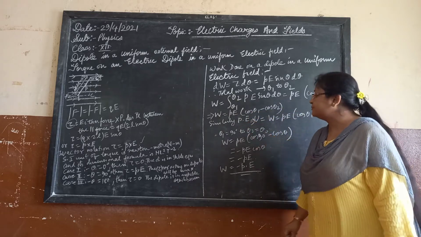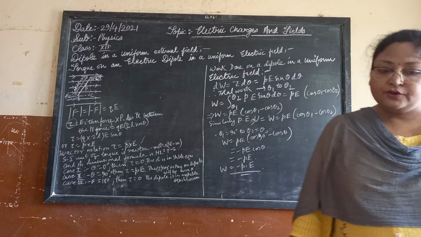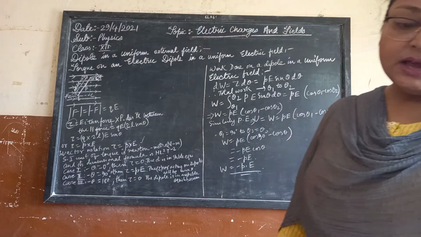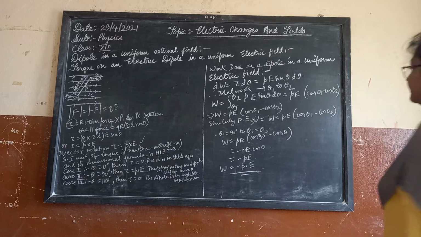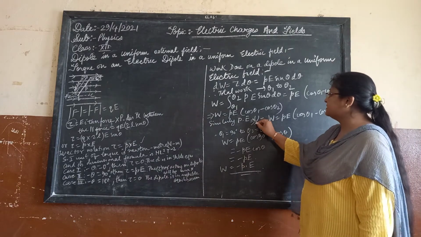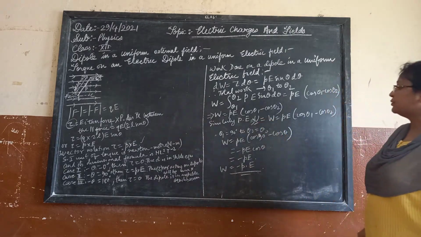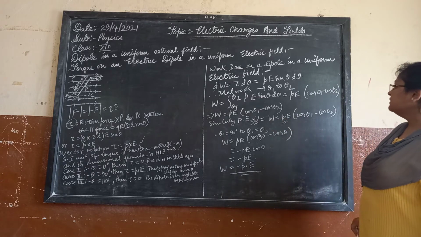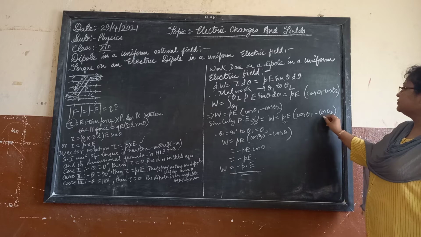Similarly, for the potential energy of an electric dipole when it rotates from theta 1 to theta 2, U is defined by potential energy and will be equal to W, which equals PE (cos theta 1 minus cos theta 2).